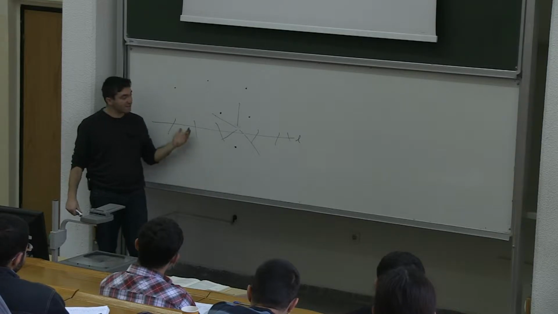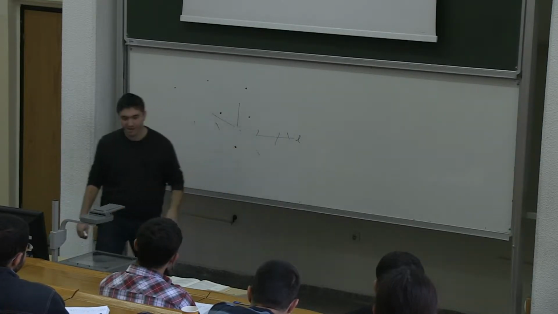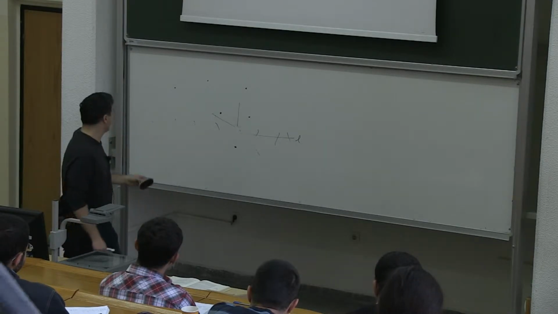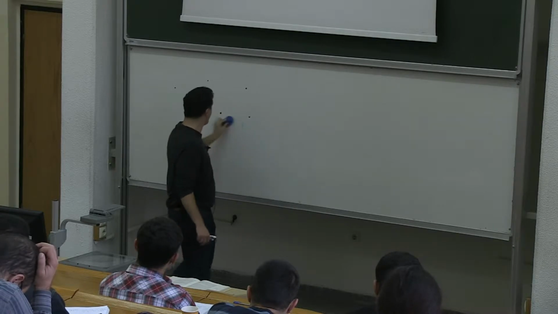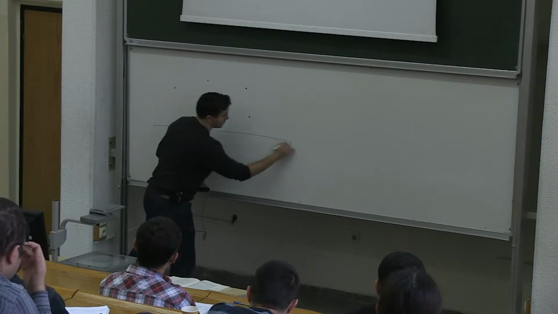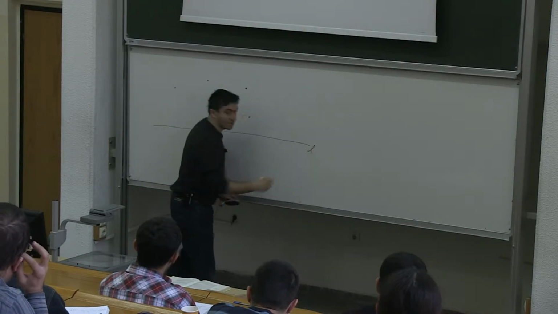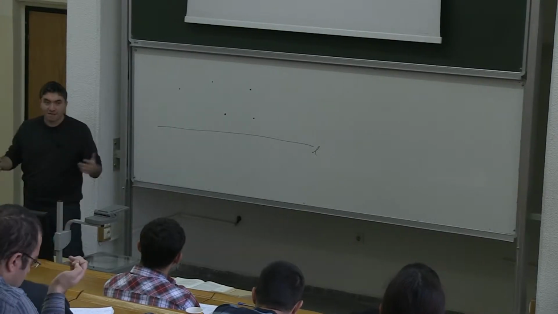So the sweep line is not going to know all about the Voronoi diagram above itself. But I mean, can't we do anything?